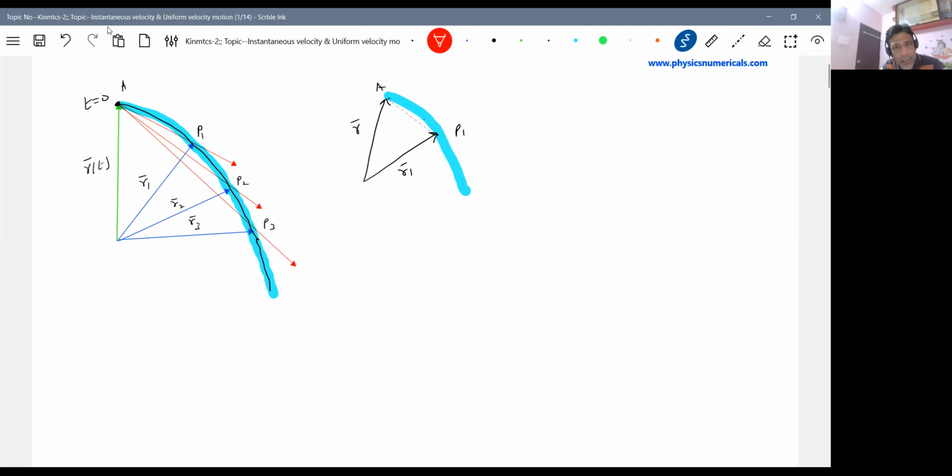Are you looking at this? This will become delta R1 bar. Then from vector addition, R bar plus delta R1 bar equals R1 bar. So delta R1 bar I can write as R1 bar minus R bar. This is the displacement vector.